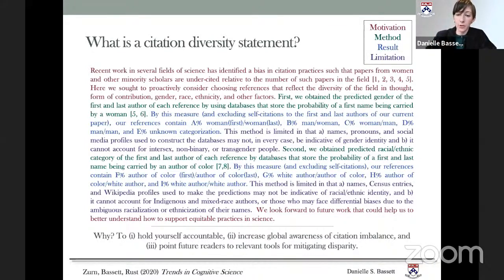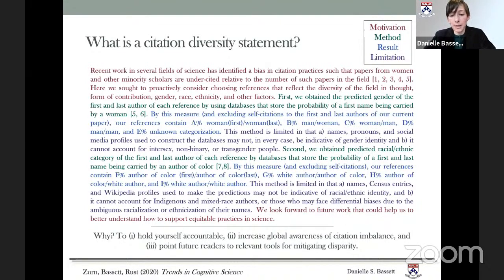By this measure and excluding self-citations, our reference lists contain F% author of color, G% white author, etc. This method is limited in that names, census entries, and Wikipedia profiles used to make the predictions may not be indicative of racial or ethnic identity, and it cannot account for indigenous and mixed race authors, or those who may face differential biases due to the ambiguous racialization or ethnicization of their name. We look forward to future work that could help us to better understand how to support equitable practices in science.